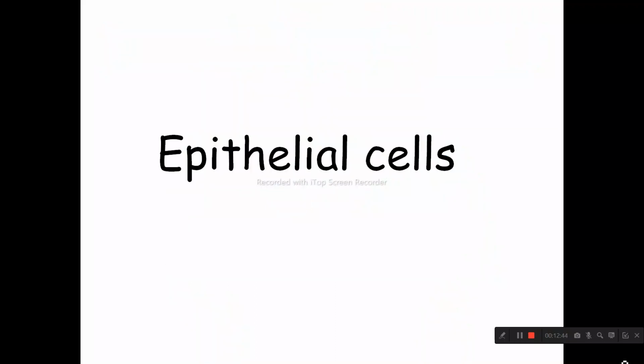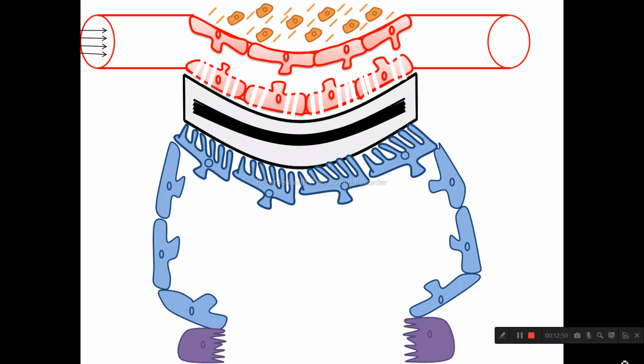Next, we will talk about the epithelial cells, that is, the visceral epithelial cells. It is very important to know that these epithelial cells, when they are healthy, have foot processes.